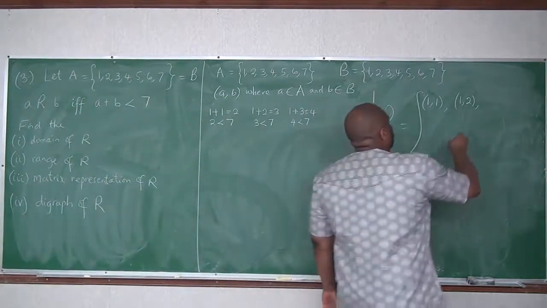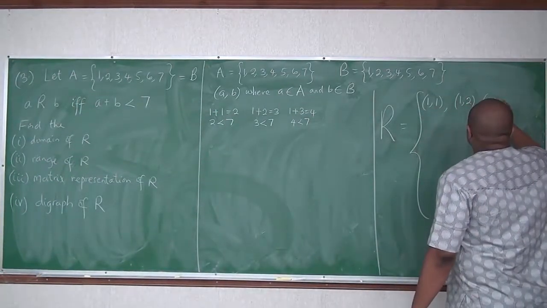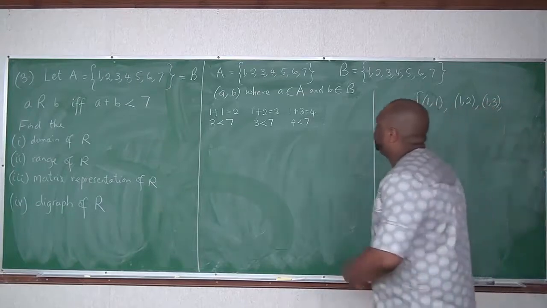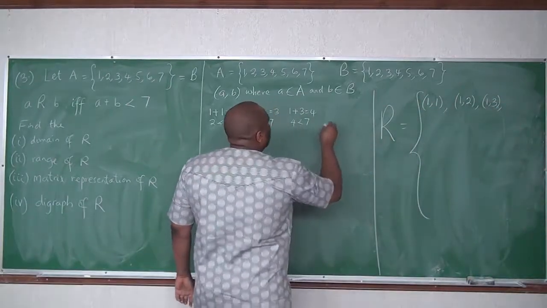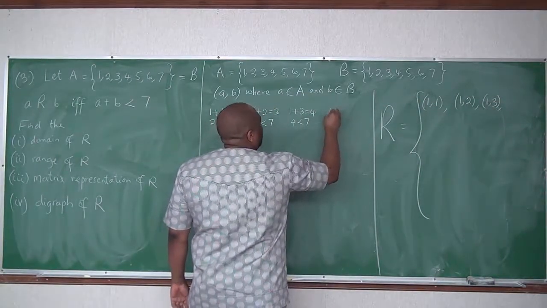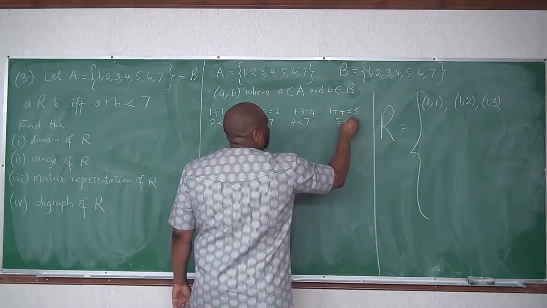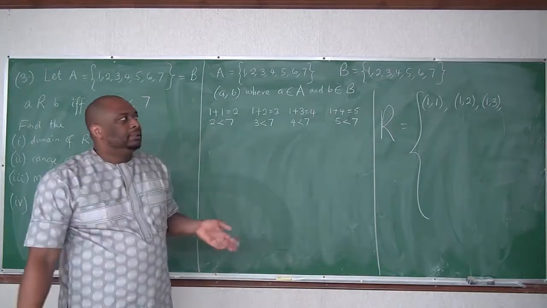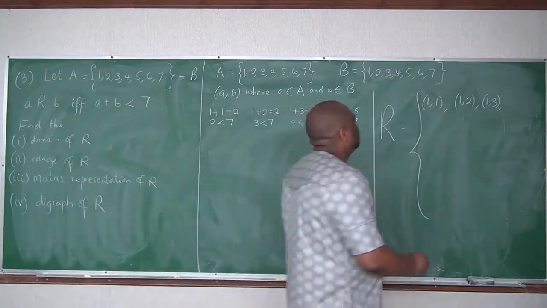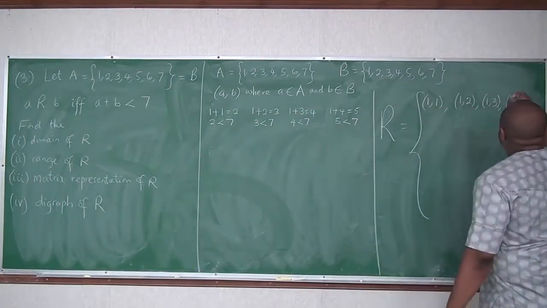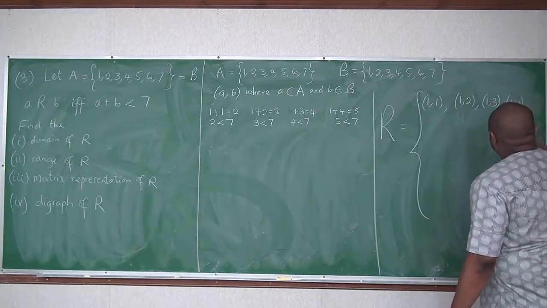We have 1 comma 3. We put a comma. We have 1 and 4. 1 plus 4 is 5. 5 is less than 7. So 1 and 4 works too. Okay? 1 and 4. Comma.